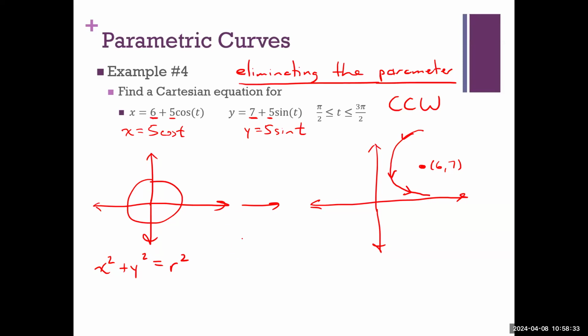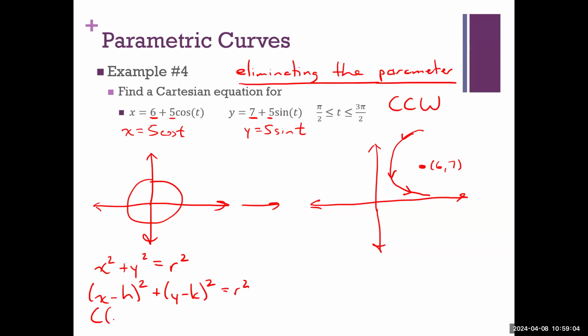You remember how to transform functions, if I want to slide them over left and right, up and down. Exactly. So x minus, I'm going to say h. If I do x minus h squared like that, it's going to move it to the right h units. Similarly, if I do y minus k squared, it's going to slide it up k units. So this is a more general thing.